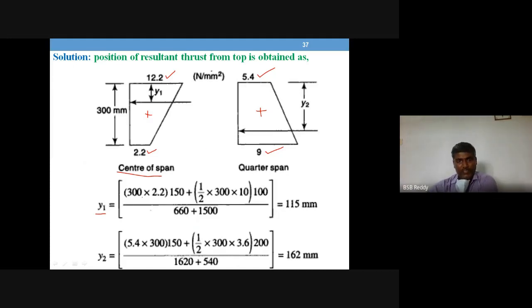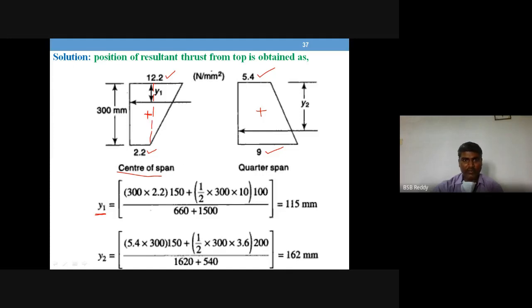So locating the CG for the center span, this is Y1 which we will calculate first. For this diagram, you can use the usual methodology, whatever you have done in your engineering mechanics, by splitting this into two regular shapes, one a rectangle and another a triangle.